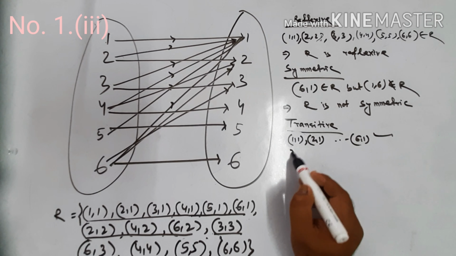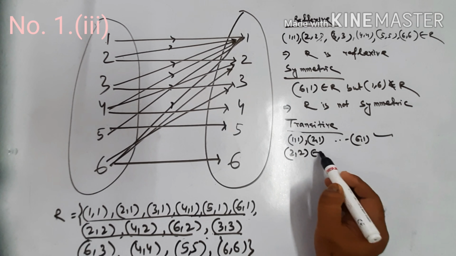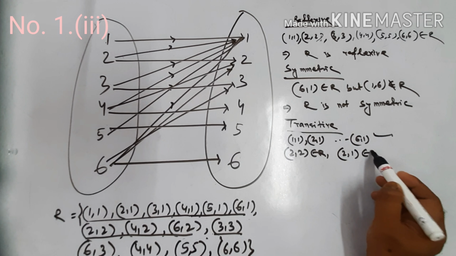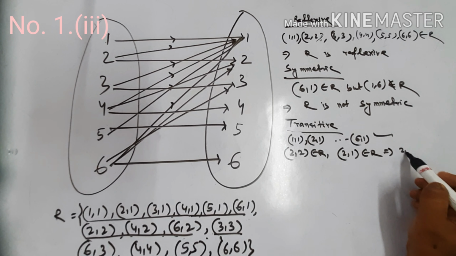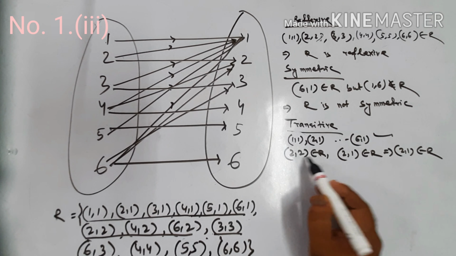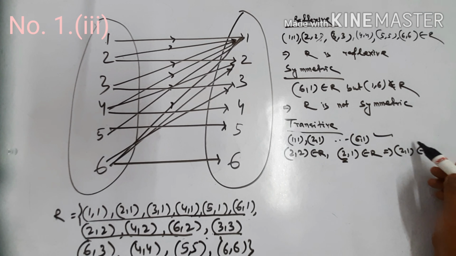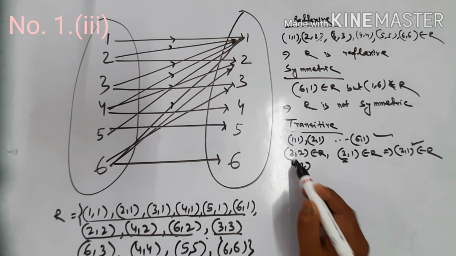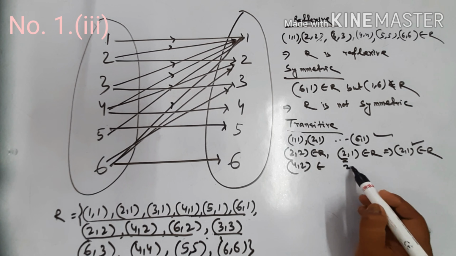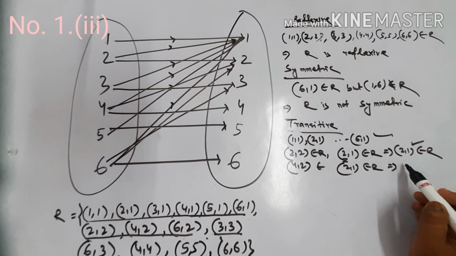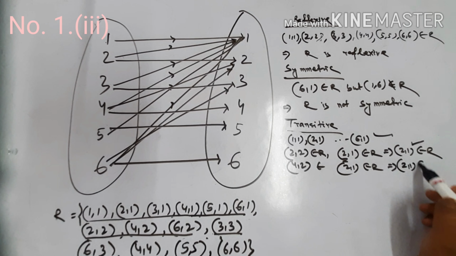Then (2, 2) belongs to R, (2, 1) belongs to R. This implies (2, 1) belongs to R. So you see here (2, 2) starts with 2, so it is automatically transitive. Similarly, you take (4, 2), also same: (2, 1) belongs to R, implies (4, 1) belongs to R.